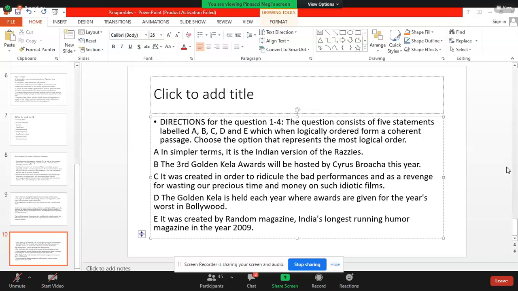Mahendra has given me the correct answer. Lakshay, no. Okay, last 30 seconds, everybody. Please give it a try once again.